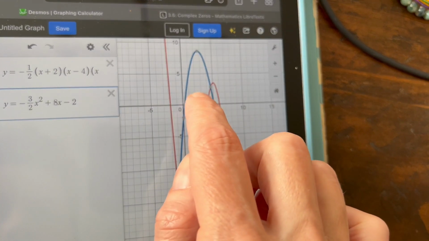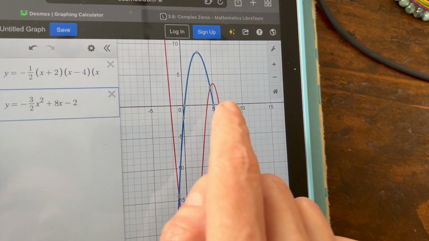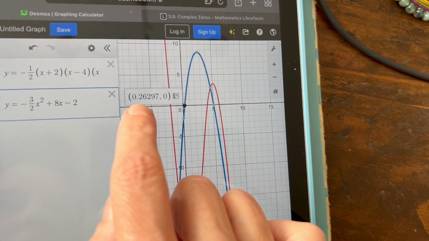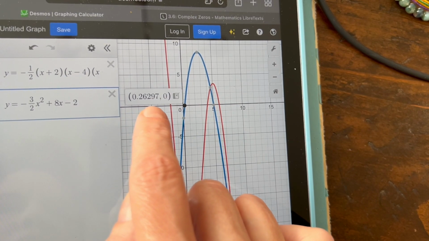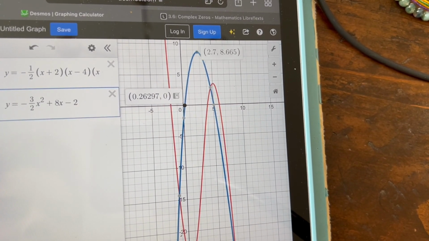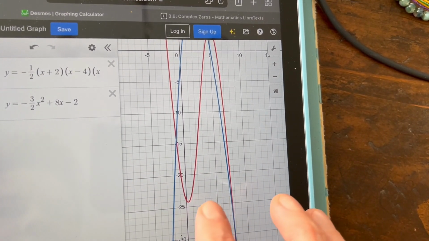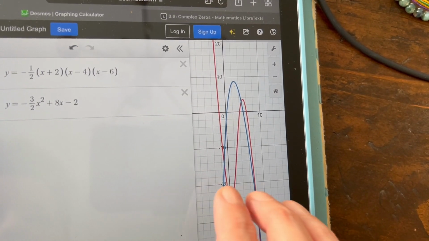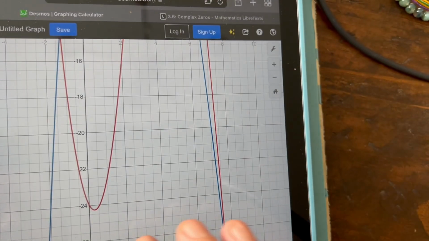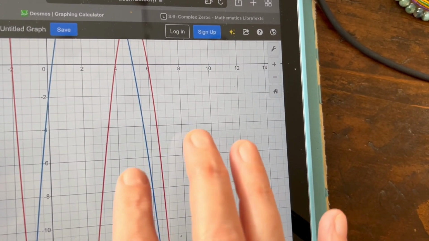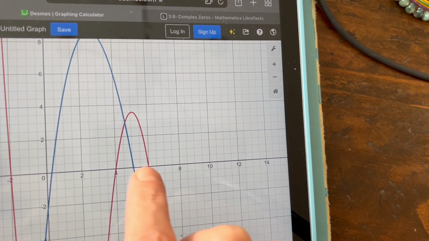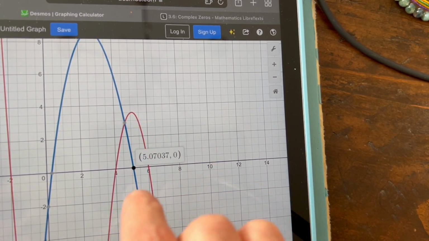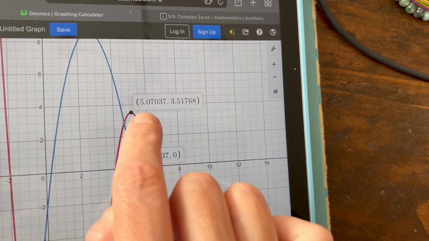Now, I know this might be weird to see, but look at this. The blue one is the derivative of the red one. Where the blue one crosses 0.26297, can you see that? That is exactly the x-coordinate of this vertex, 0.26297, okay? And again, where the blue one crosses 5.07037 is exactly the x-coordinate for this vertex.